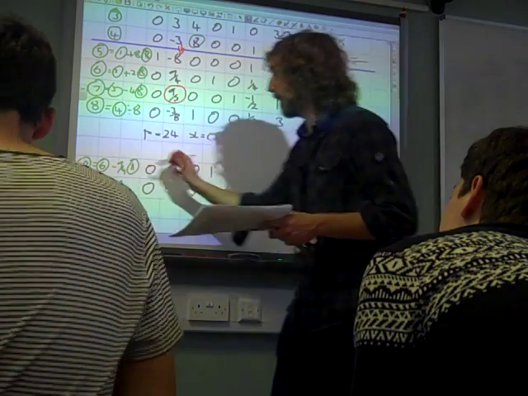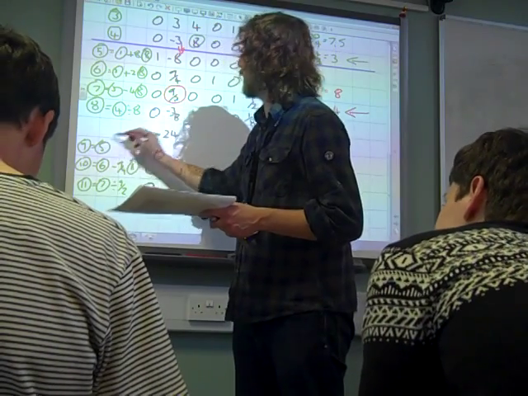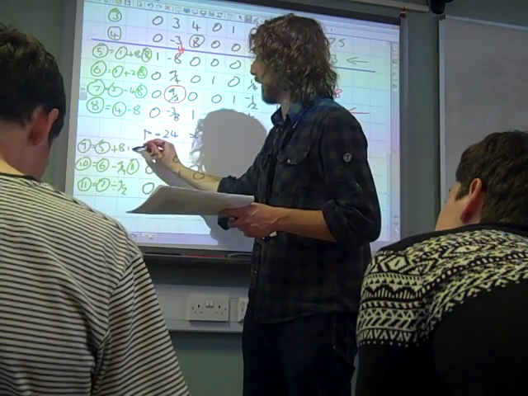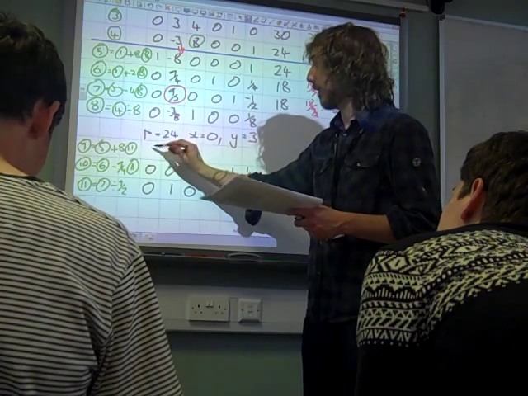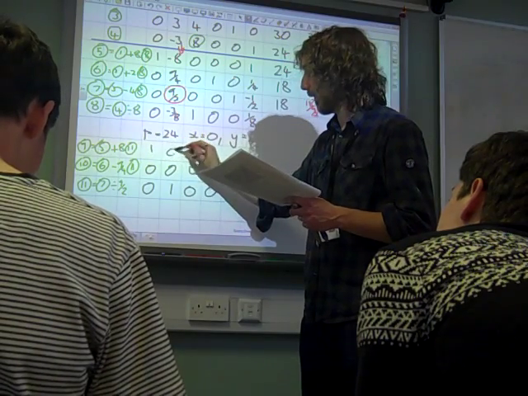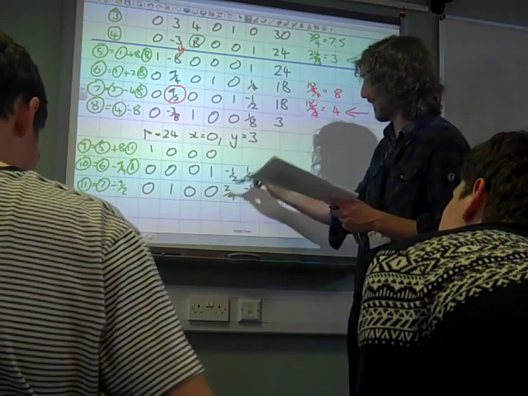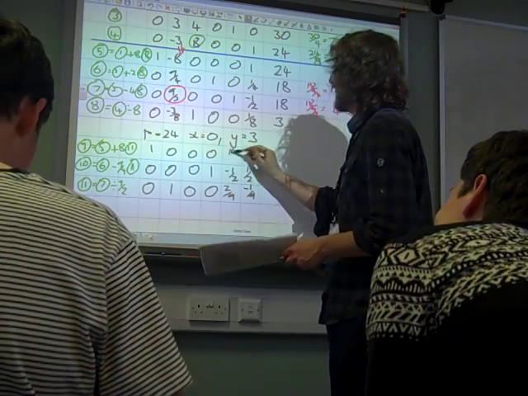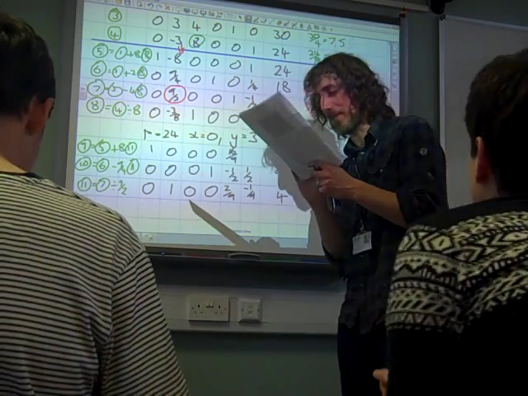Row 9 came from row 5, and it involved us adding 8 times row 11. I'm bored. 1, 0, 0, 0. I'm just doing it quickly now. I don't know what that number is.